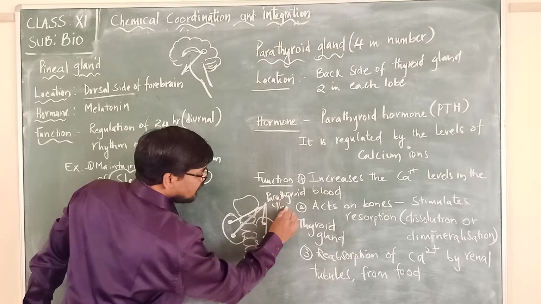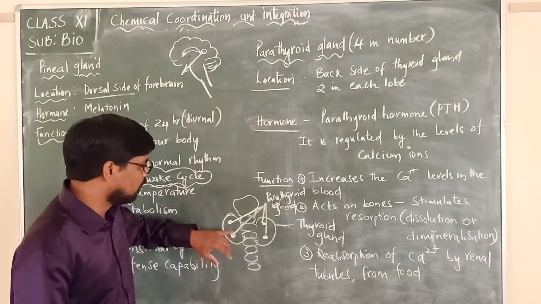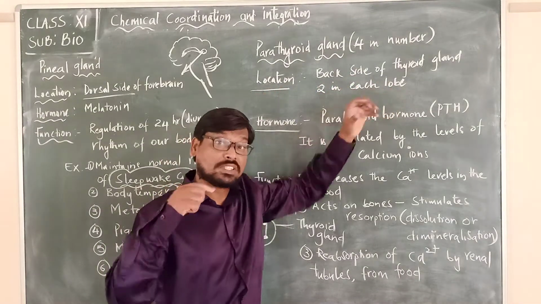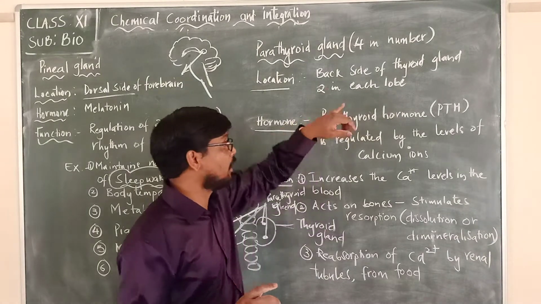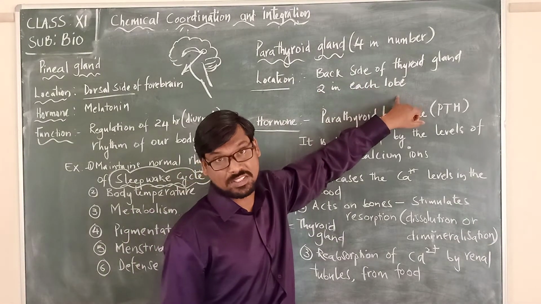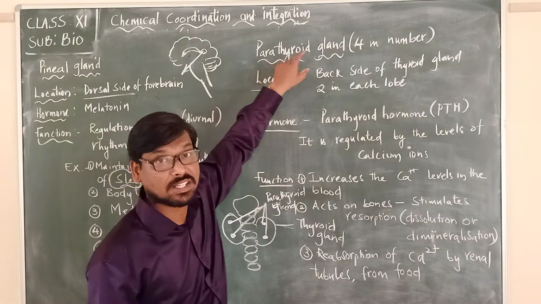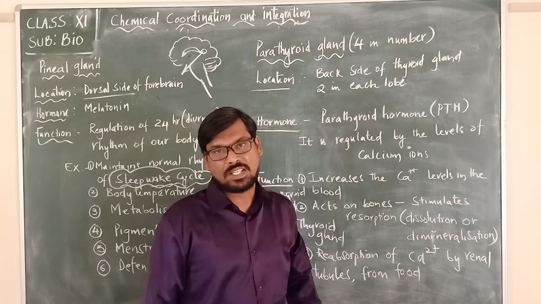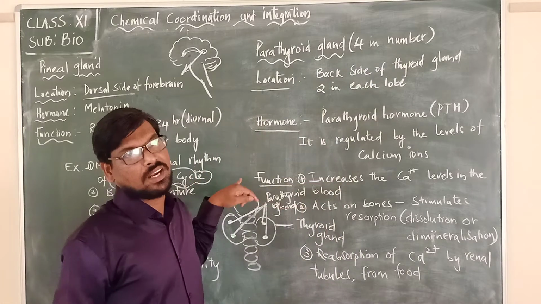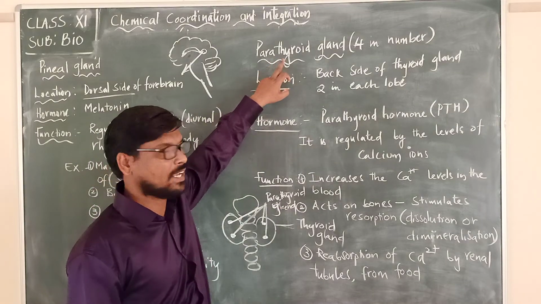So how many are there? 2 in each lobe. So the location is on the back side of the thyroid gland, 2 in each lobe. So in total, how many parathyroid glands are there? 4 in number, but 2 in each lobe of the thyroid gland. So that's why it is called the parathyroid gland.